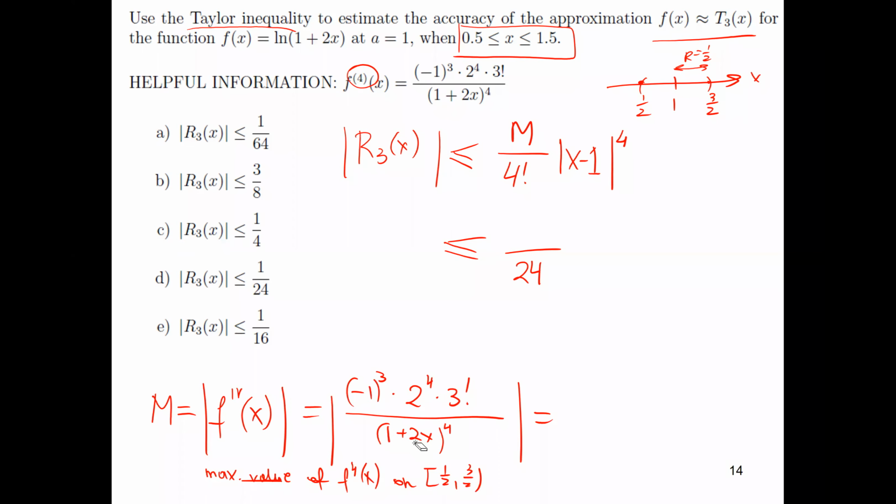And then 1 plus, and instead of x, I will actually put the minimum number, 1/2. Okay, and you can help me with the arithmetic. 16 times 6. 1/2 times 2 is 1. 1 plus 1 is 2. 2 to the power of 4 is also 16. The answer is 6. Really nice.